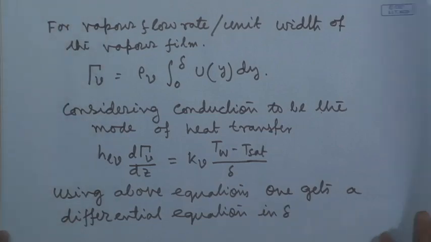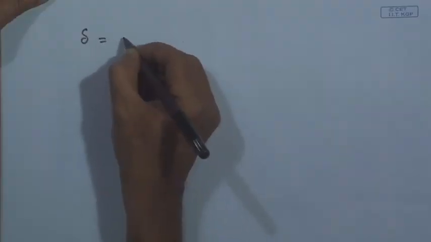Then delta can be solved, and if we solve it, we get delta is equal to C times a function of z.